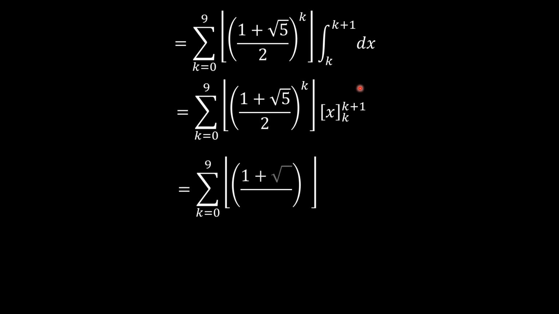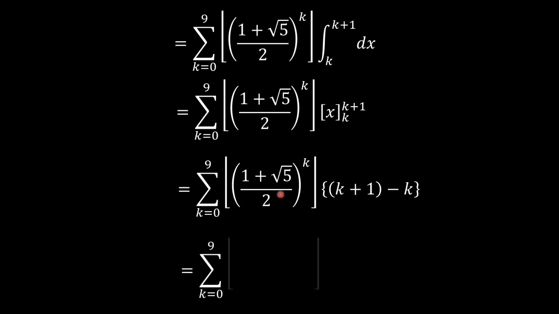And so our actual problem is now just summing up the floor of the kth power of 1 plus root 5 over 2 from k equals 0 to k equals 9. Okay, so this is our problem.